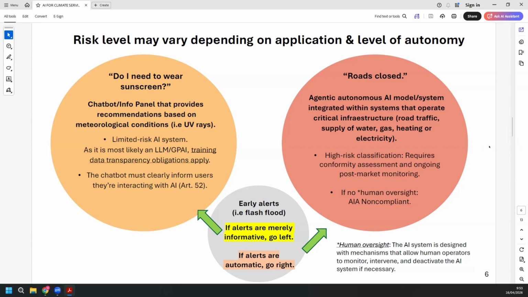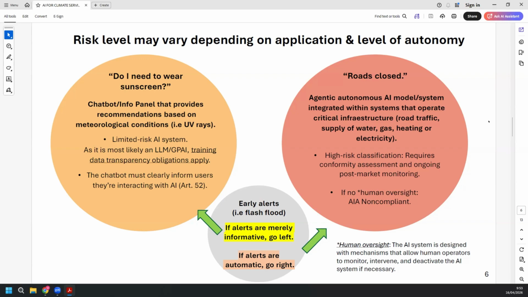You would still need to provide information about how this LLM was trained. So which data is it using to give you the responses, give you these recommendations, and why? Why is it giving you recommendations on some days and not others? And then the other thing you would have to ensure is that you inform the people that this is an AI giving this recommendation. It's not a panel of experts. It's not a human. It's a chatbot. And this would be considered limited risk.